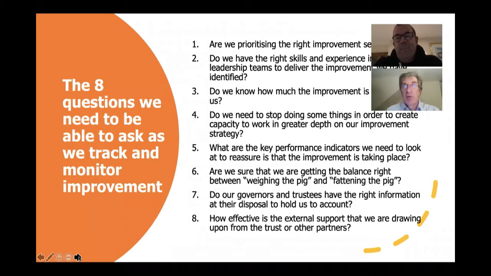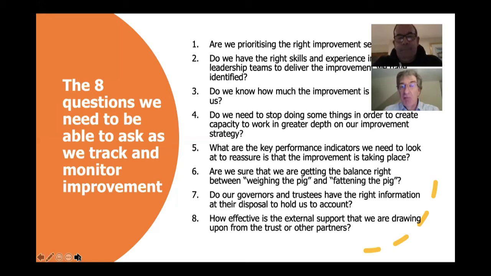So for example, and I'll paraphrase, we might choose not to work on behavior first because we know that's just going to be really, really difficult. And what we might do is decide to work on something that's a bit less contentious. When in actual fact, if you improve behavior, it would have a ripple effect on a whole range of other things as well. The second one is about the skills and experience in leadership teams.